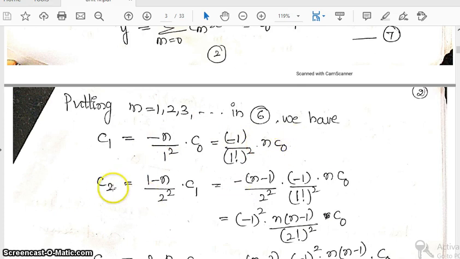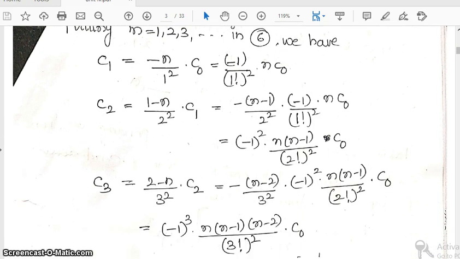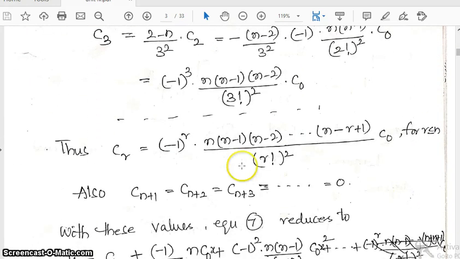Next, substituting m equal to 2, you get c2 equal to (minus 1) whole square into n into (n minus 1) by (2 factorial) whole square into c0. Similarly, you can write c3 and so on. The general term is c_r equal to this: c3 equal to (minus 1) whole cube into n into (n minus 1) into (n minus 2) by (3 factorial) whole square into c0.